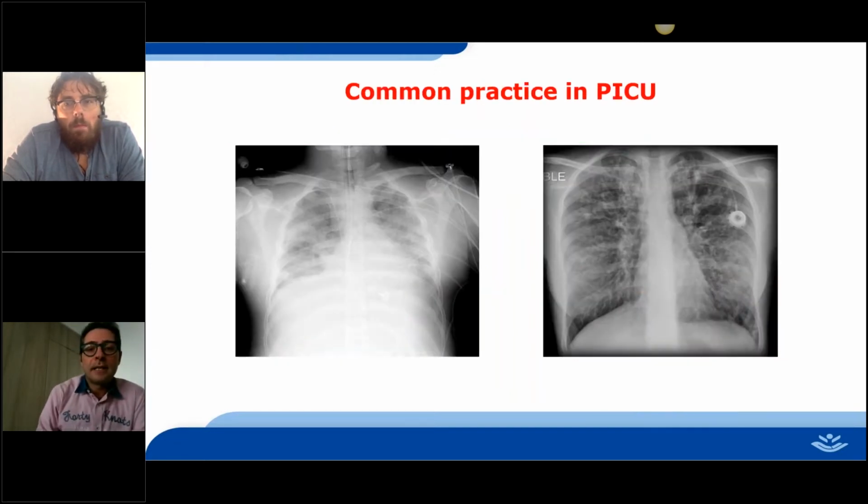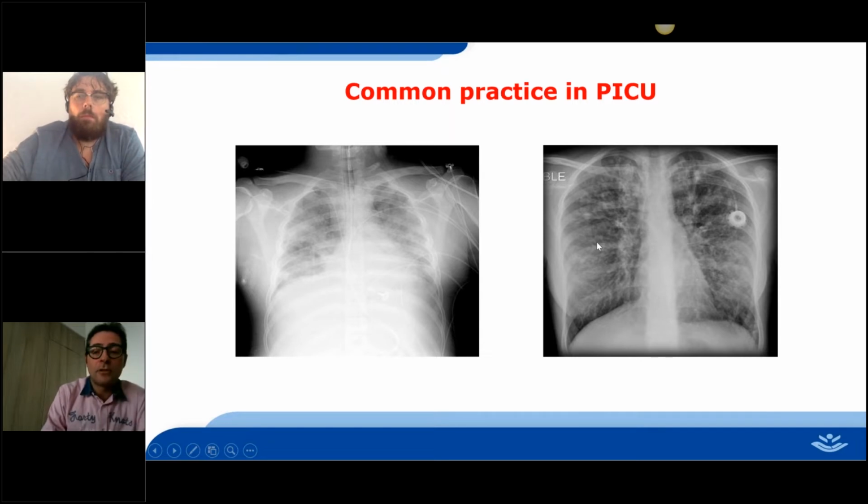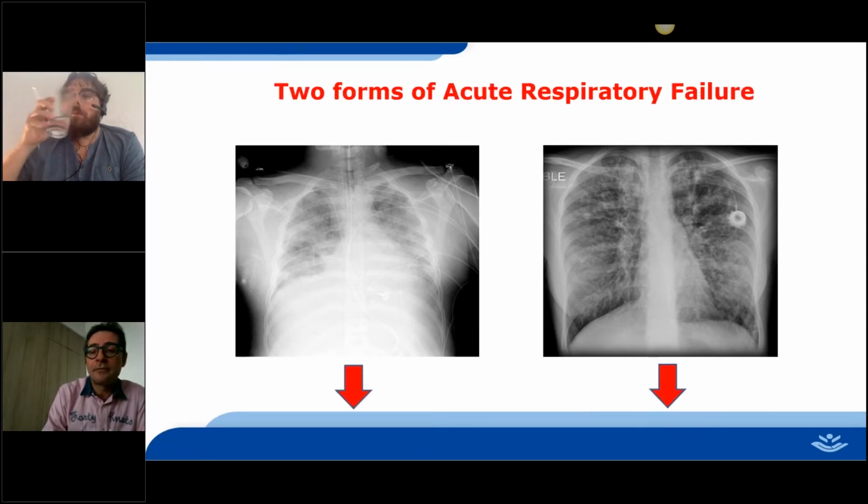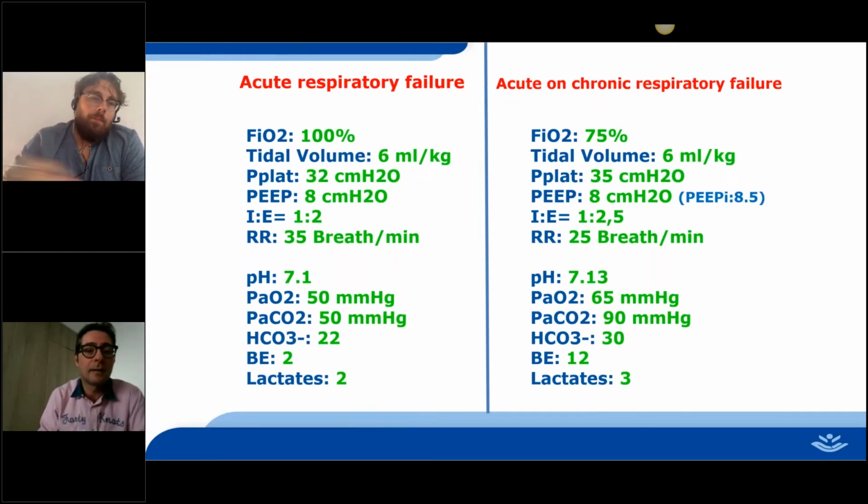Consider that in our common practice in ICU, we can have almost two of these scenarios. One is a classical patient with pediatric ARDS, and another one is an acute on chronic respiratory failure. Both of these approaches are different, and we need to find different strategies to manage the lung.